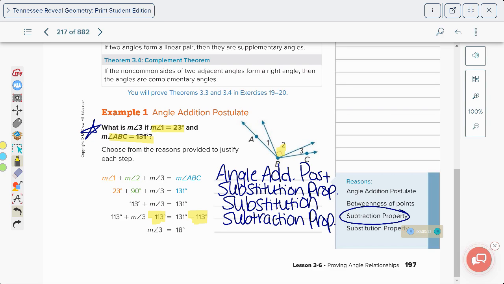Or ask yourself, what is happening? Okay. Now, my last statement says the measure of angle 3 equals 118. Well, I've gone from this equation and simplified it to this final equation here. Again, anytime that I simplify things and replace something for a simpler representation, that's going to be another case of substitution.